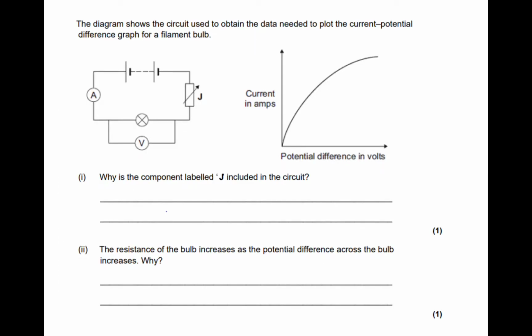Let's pause and have a go at this one. Why is the component labeled J included in the circuit? J, remember, is a variable resistor. So it's included in the circuit to alter or change the voltage across the filament bulb.